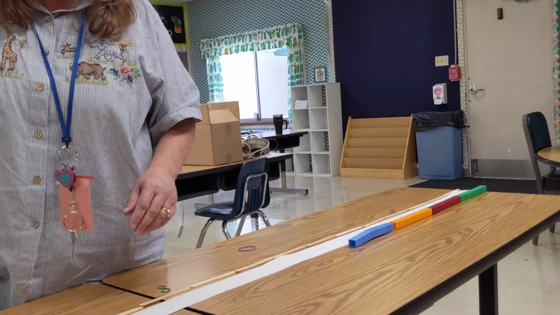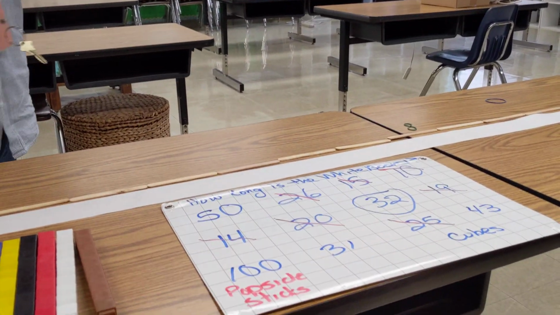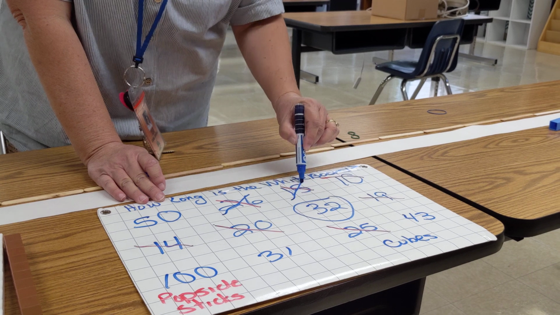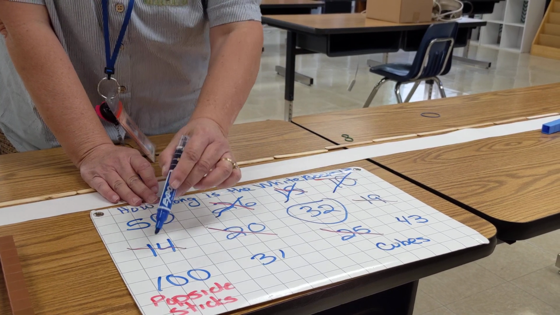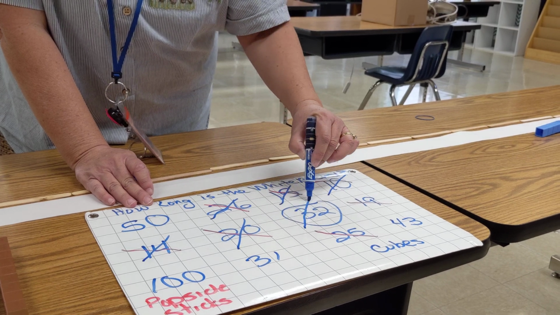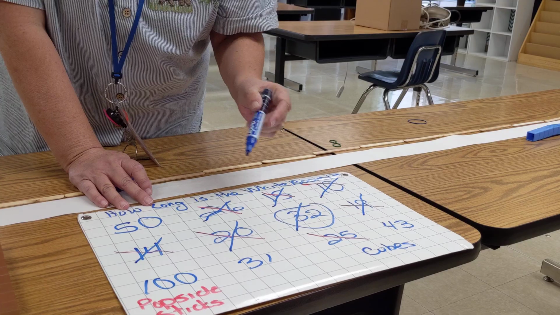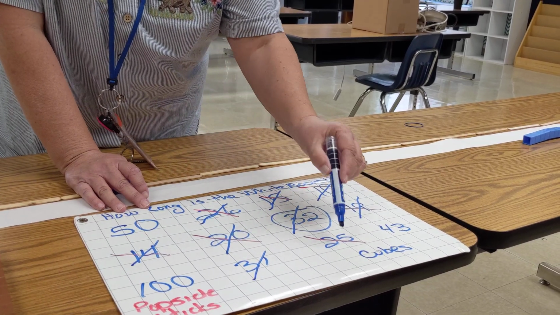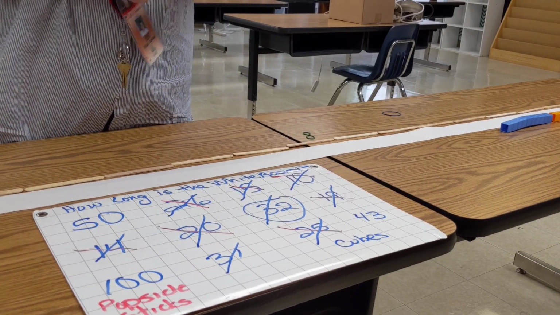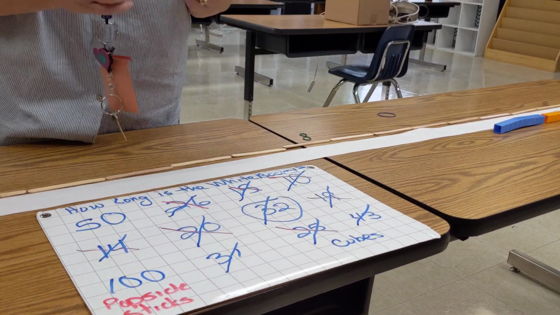And did we pass any numbers yet? We haven't passed 50. We've passed 26, we've passed 15, we've passed 10, 14, 20. We did have to pass 32. We passed 19. We have not passed 100. We passed 31. We passed 25. But we have not passed 43. Do you guys think we're going to pass 43? Yeah. Let's go ahead and mark it off.